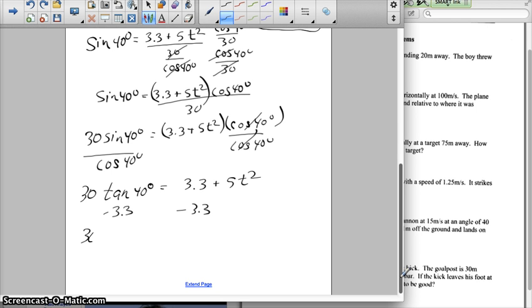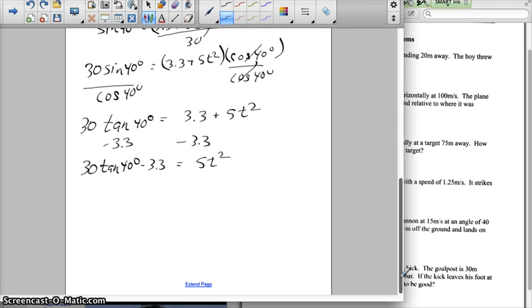So I get 30 tangent 40 degrees minus 3.3 equals 5t squared. Okay, divide both sides by 5. So I get t squared equals 30 over 5 is 6, right? So this is 6 tangent 40 degrees minus 3.3, right?